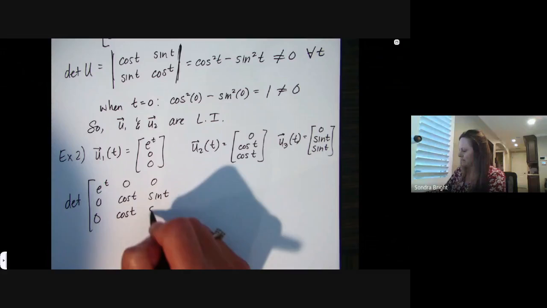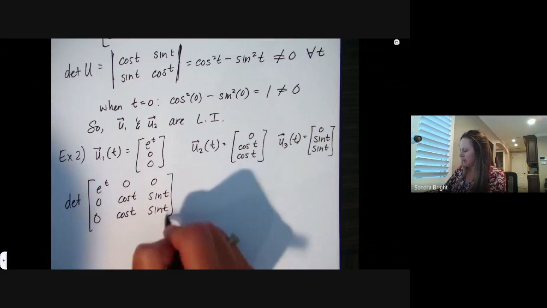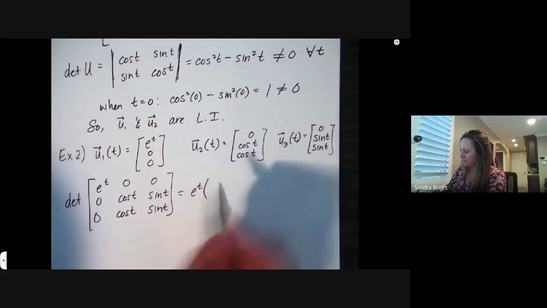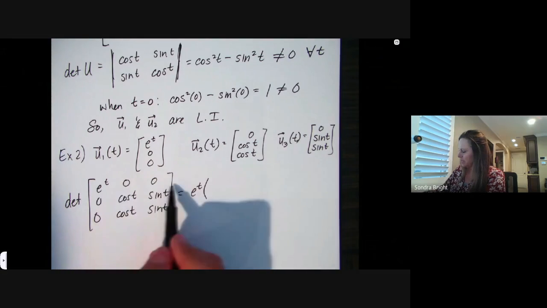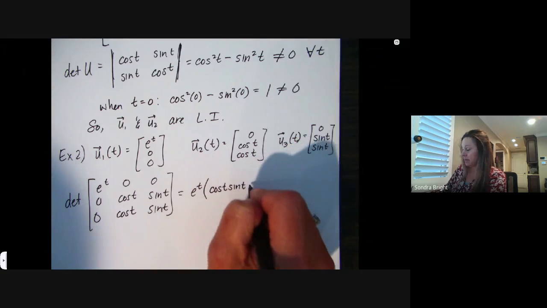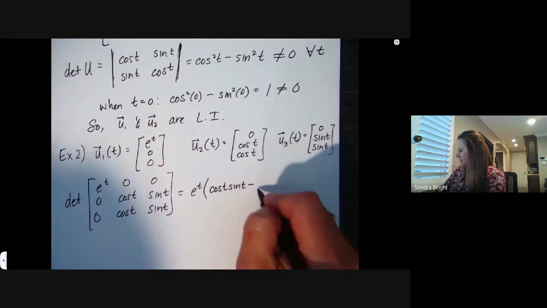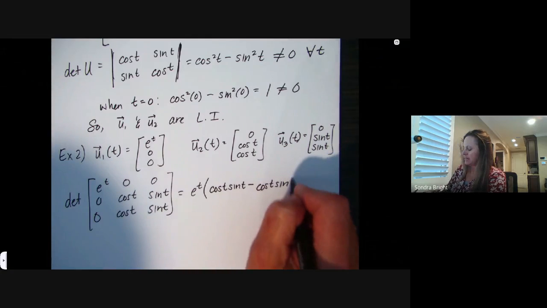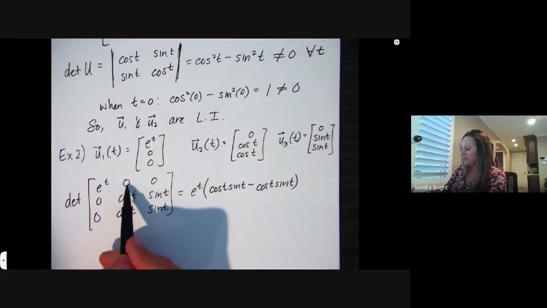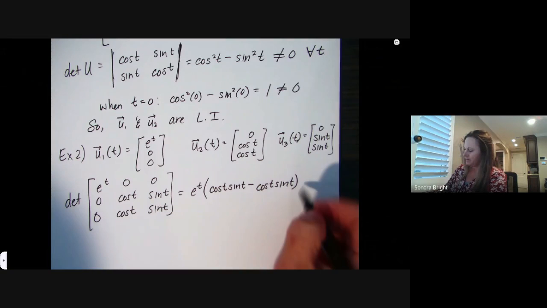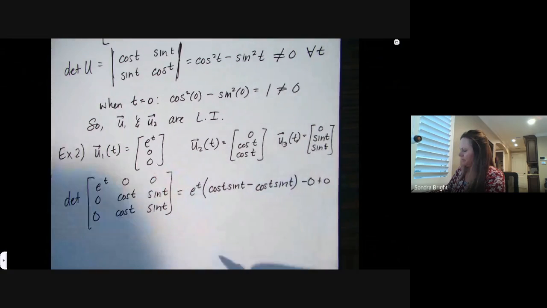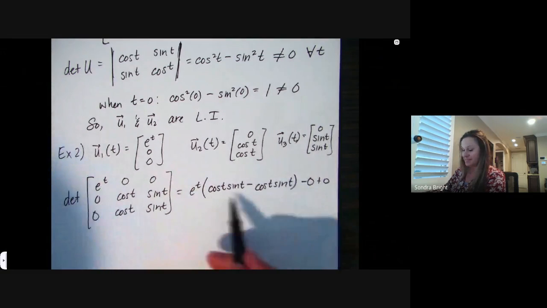To find the determinant, you take e to the t and multiply it times the determinant of this minor matrix, which would be cosine times sine minus another cosine times sine. Then it would be technically minus 0 times the other matrix, and then plus another 0 times this minor matrix. These two terms are the same, so you end up with 0.